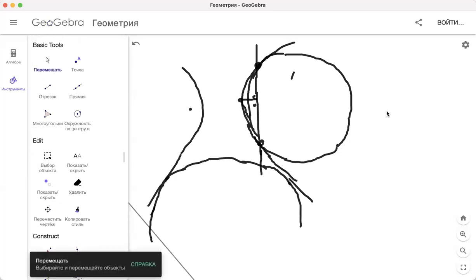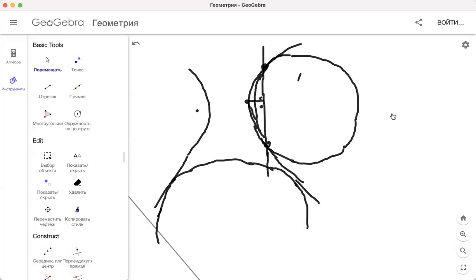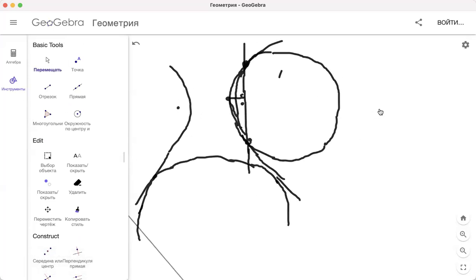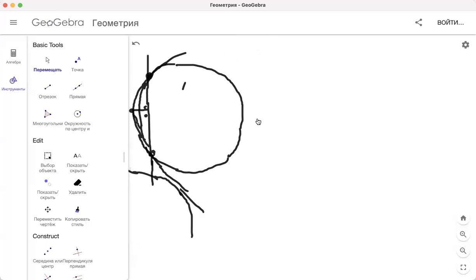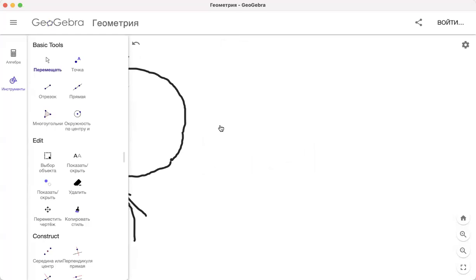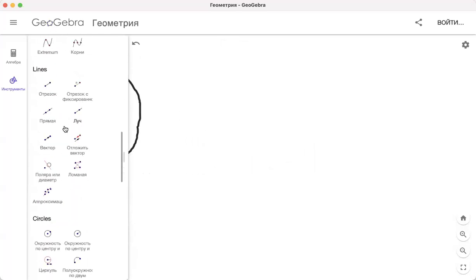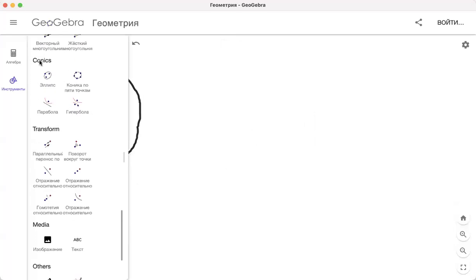Also, it will be good to mention that in the classical definition of a conic, you have two foci. Yes.